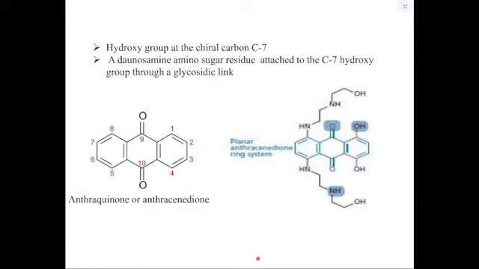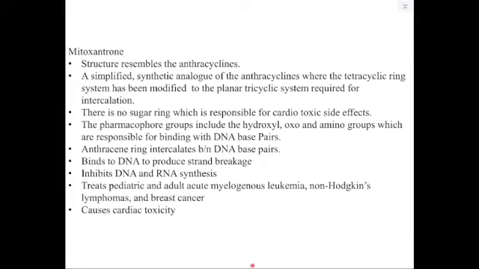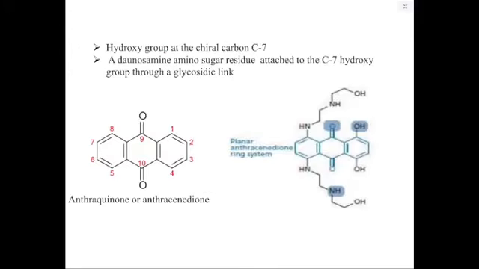That drug is the one we call mitoxantrone. Mitoxantrone has structural similarity with the anthracyclines, but with a difference in that it has 3 planar rings, all fused to each other, as opposed to the anthracyclines, which have 4 rings. So you can see that ring there.